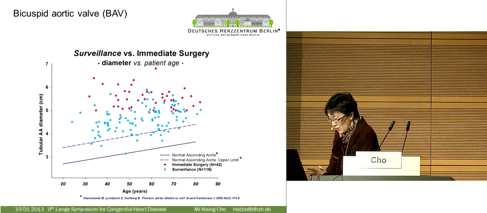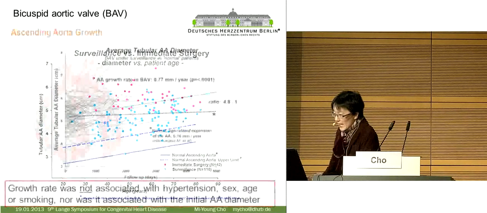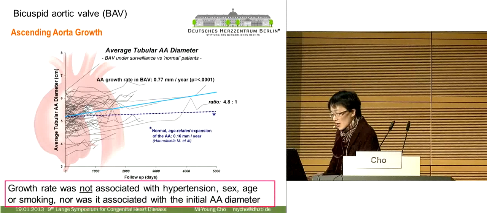I showed what Hanuskesela already showed in the slide before. They followed a lot of people with ascending aorta and looked at the growth of the ascending aorta. The people received a CT or MRI every year. You can see that the ascending aorta growth was 0.7, whereas in a normal age-related population the growth would be just 0.16.